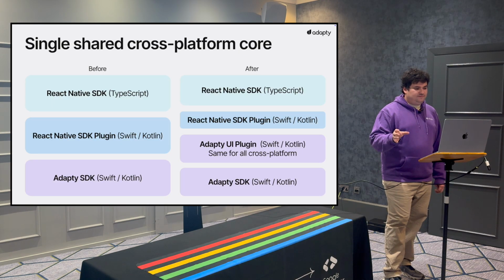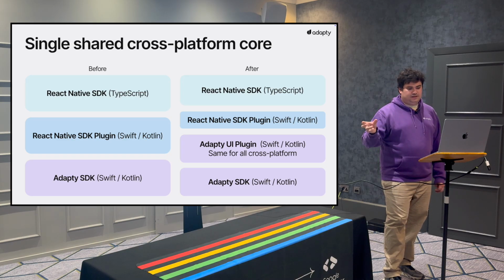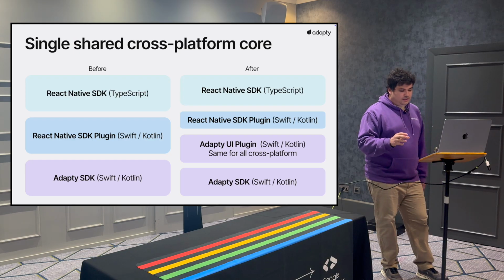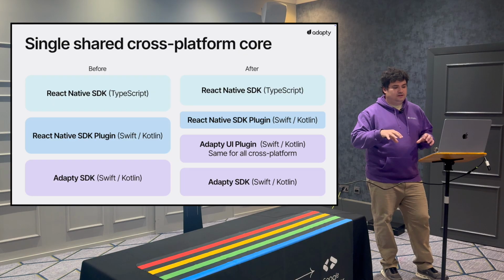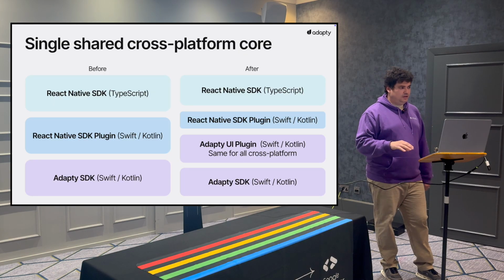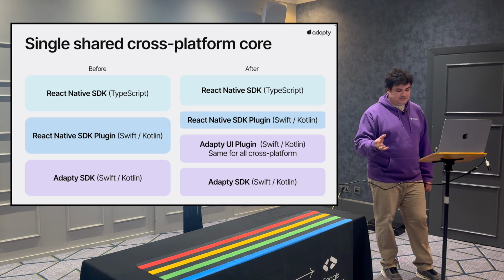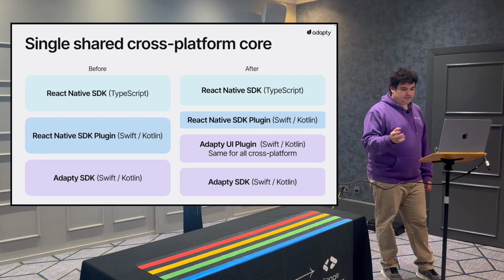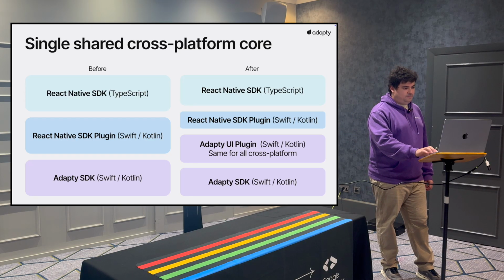And to change something, we had to do it in many places. After that, we decided to separate the UI into the dedicated plugin, which is also written in Swift. And so everything is currently developed in Swift and Kotlin, and React Native or other cross-platform SDKs only behave as wrappers, and this way it's much easier to develop them.